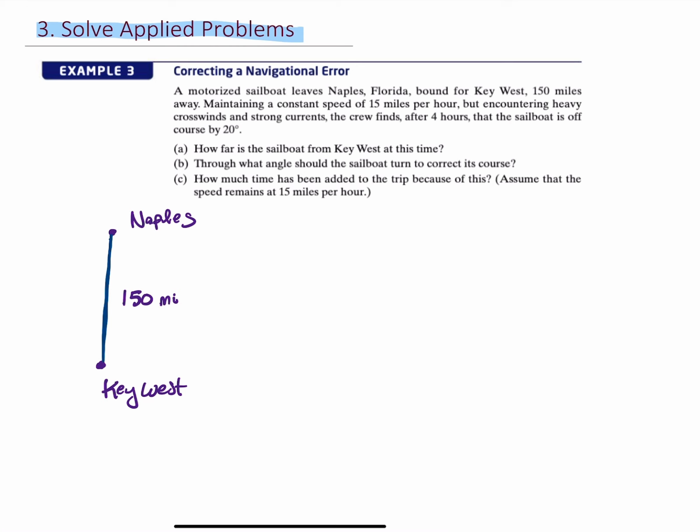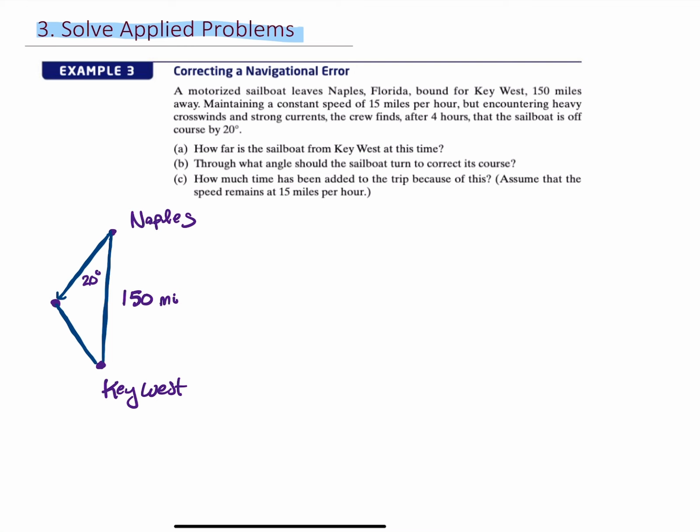So if they've wandered, say, like somewhere over here, where they have moved 20 degrees, let's say west. So that means this little angle in here we can call 20 degrees. So it asks us, how far is the sailboat from Key West at this time? So notice we're building a triangle. So the first thing it wants is this missing side length here.